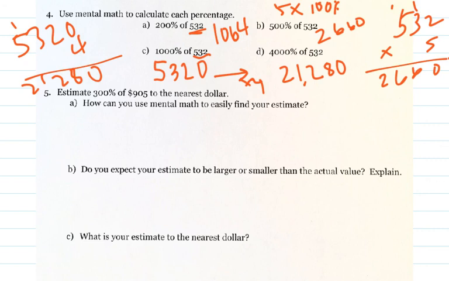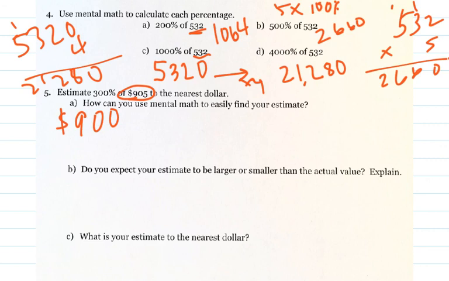So here we go. We're going to estimate 300% of 905 to the nearest dollar. First thing I want to do is round this 905 down, which is not proper rounding, but it is kind of common sense rounding, to $900, okay?